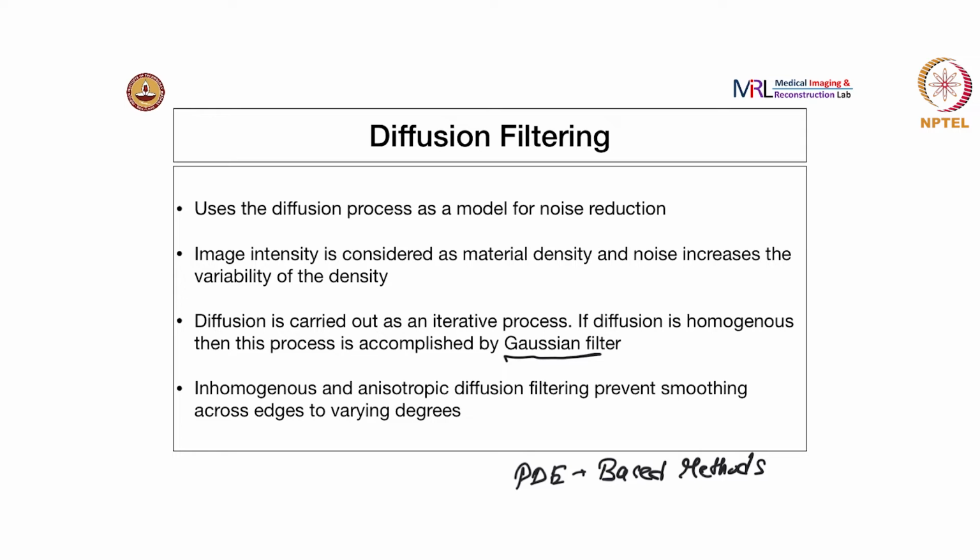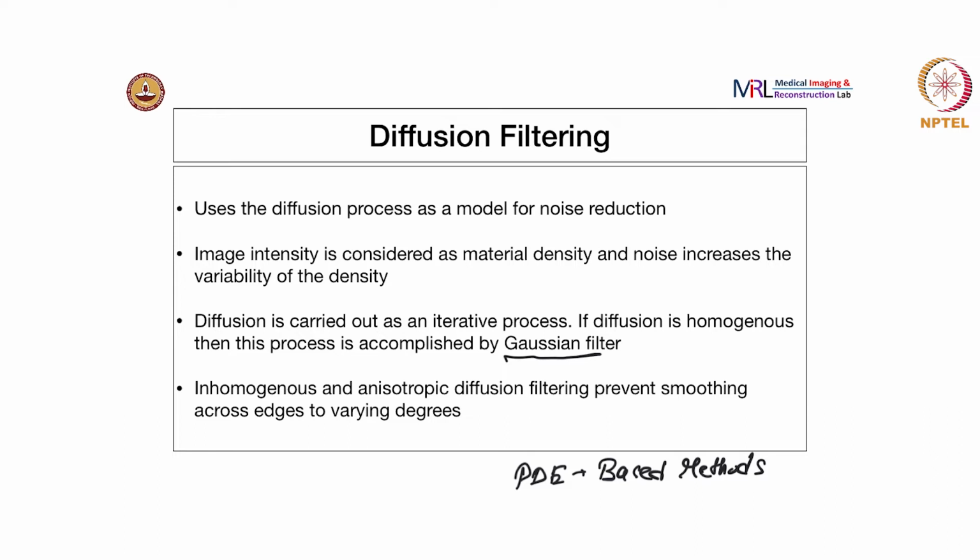In inhomogeneous and anisotropic diffusion, the filtering prevents smoothing across edges to varying degrees. Anisotropic diffusion allows for smoothing along a boundary but not perpendicular to it, so it makes use of the gradient direction.